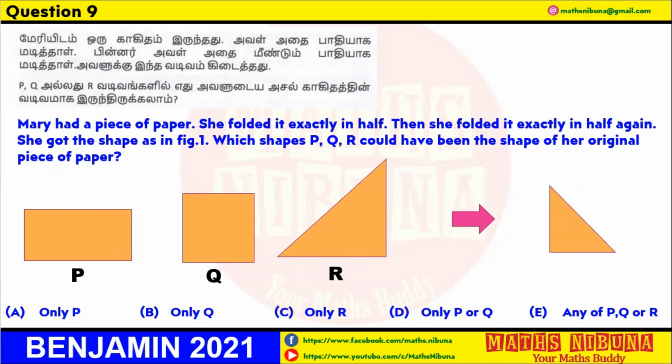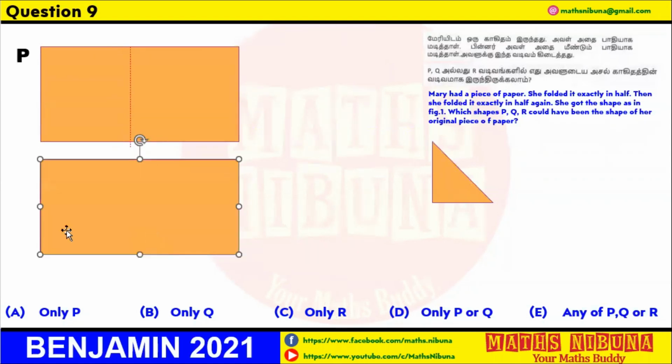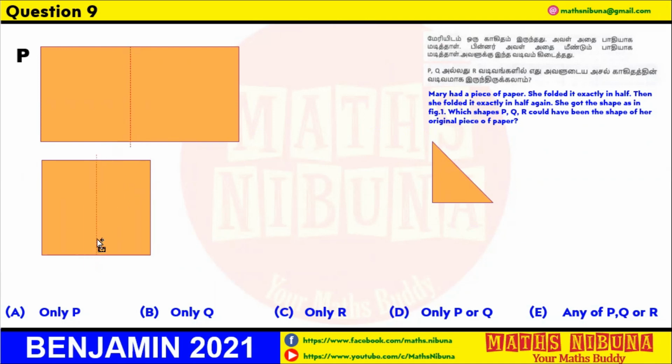So first we look at the first paper, P. This is considered a rectangle. So when she folds it at first, let's say fold in half, she will get half of this paper, correct? So she gets a square. Then let's say she folds again. Not necessarily does she have to fold in the middle like this.